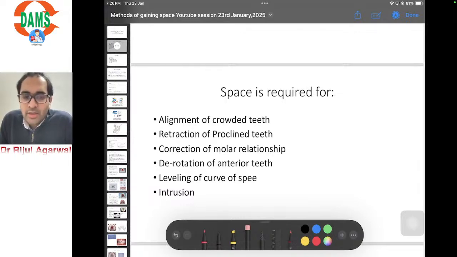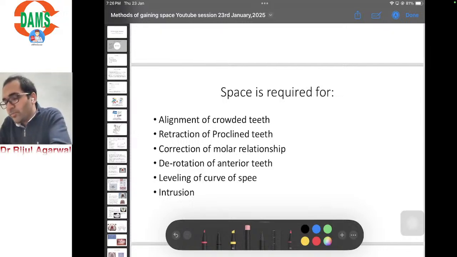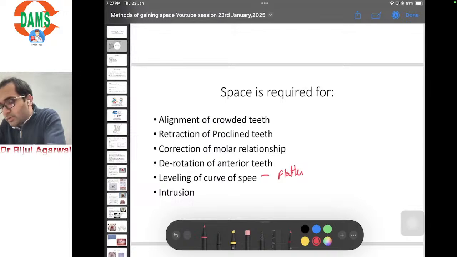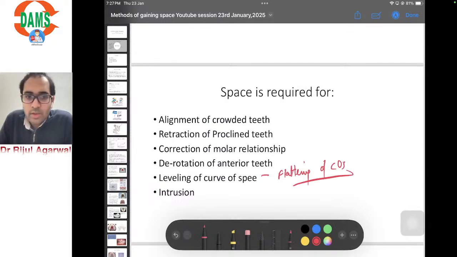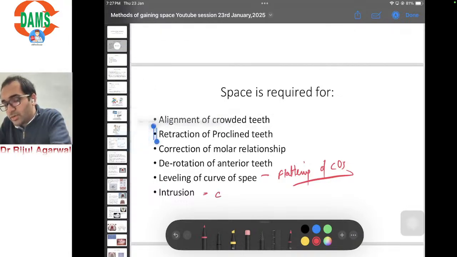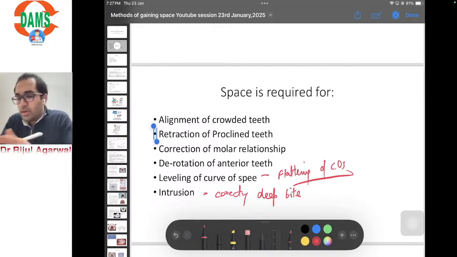Derotation of anterior teeth, correction of the rotate, leveling of curve of Spee, that is flattening of the curve of Spee. And lastly, for the intrusion of the teeth for correcting deep bite. So these are the things for which space in orthodontics is required.